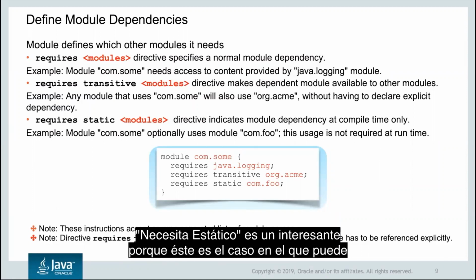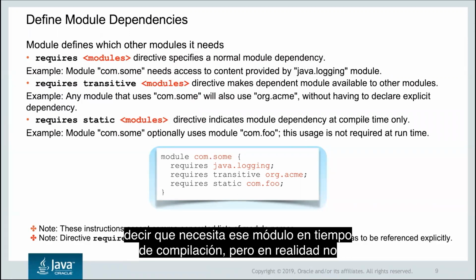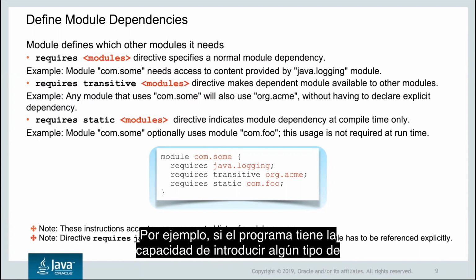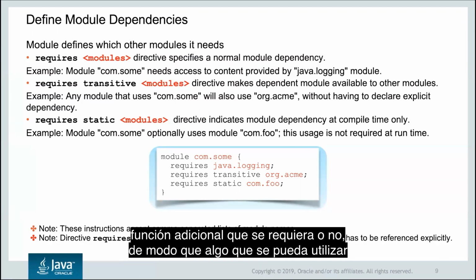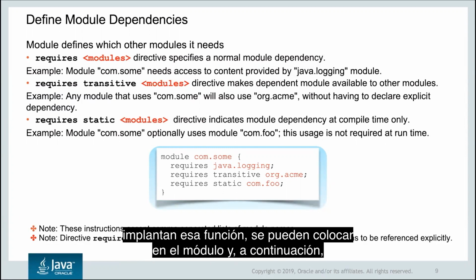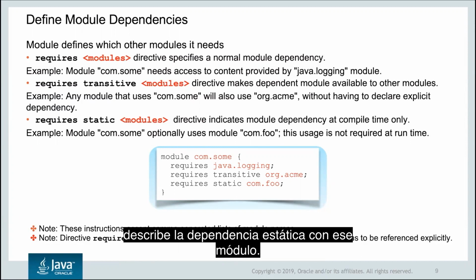Requires static is an interesting one because this is the case where you can say that you need that module at compile time, but actually you don't insist on that module being present at runtime. So for example, if your program has an ability to introduce some kind of an extra feature that may or may not be required, something that you may wish to use but not necessarily use, then the classes that implement that feature may be placed into the module, and you then describe a static dependency with that module.